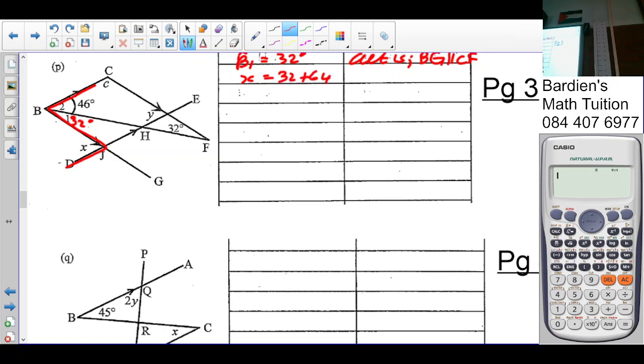And the reason there is alternate angles with BC being parallel to DE. Okay, so that gives us an angle of 78 degrees.